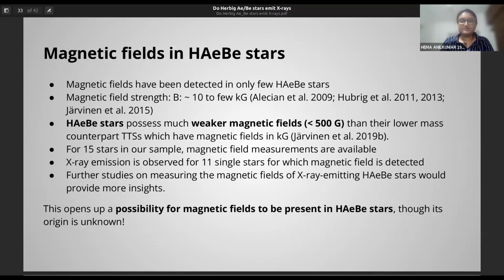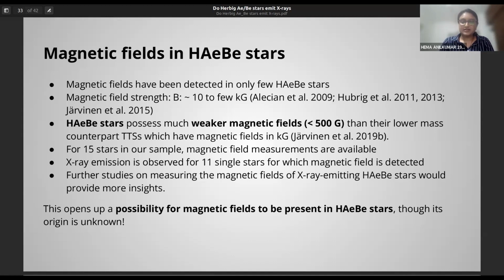So we checked if there are any magnetic field studies for Herbig Ae stars, and we saw that in very few Herbig Ae stars magnetic fields were detected. From the studies by Alecian et al. 2009, Hubrig et al. 2011, and Hubrig et al. 2015, the magnetic fields in these stars were found to range from 10 Gauss to a few kilogauss.